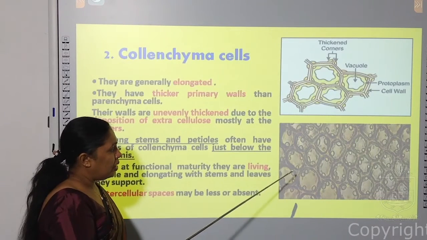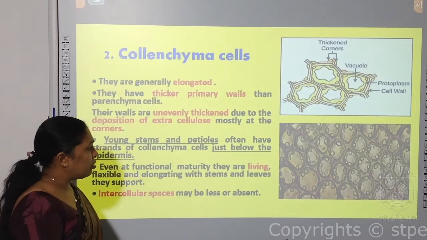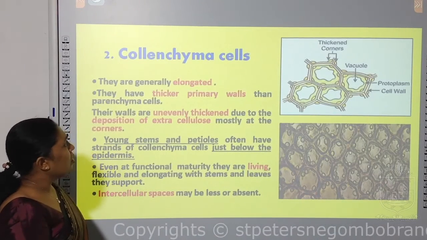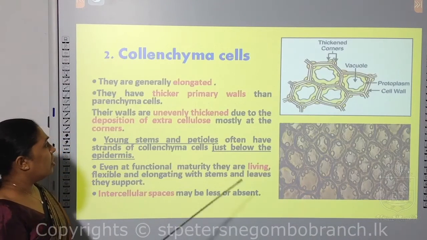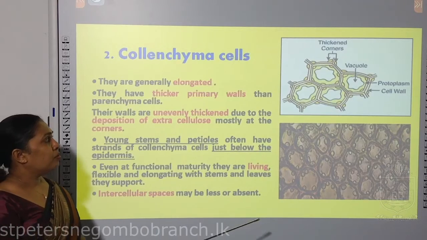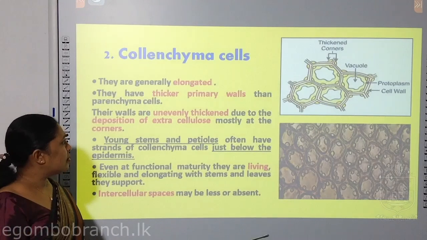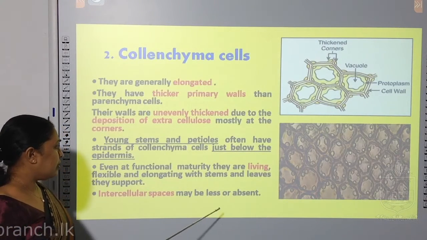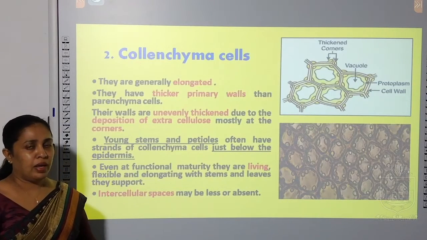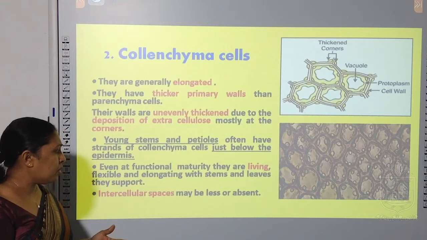This is a real micrograph under the light microscope. It shows the collenchyma cells, and these cells are generally elongated, and they have thicker primary cell walls and intercellular spaces. It may be present, we can't say absent, it may be present or less.